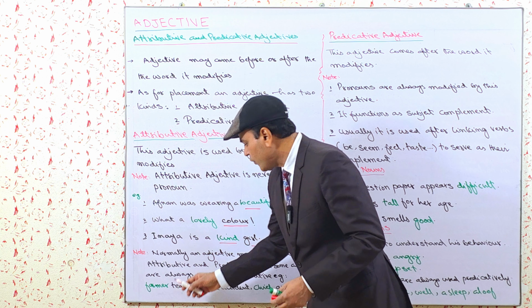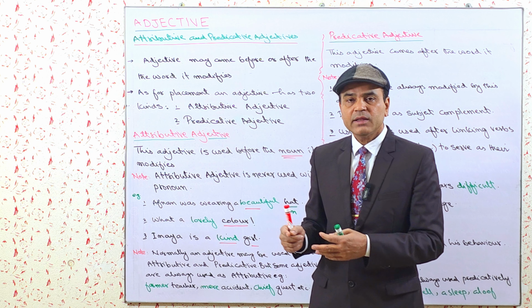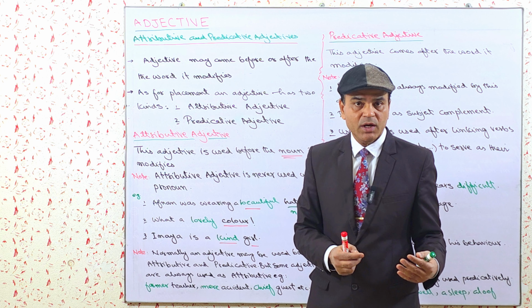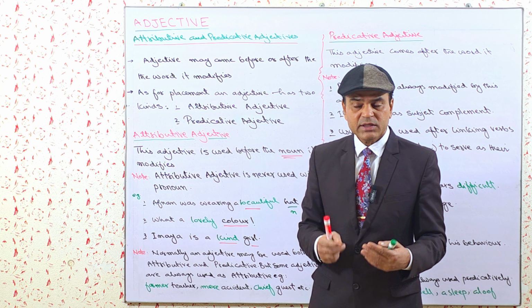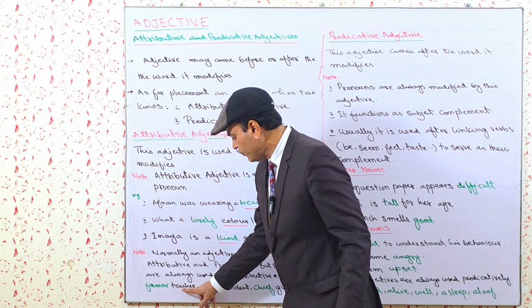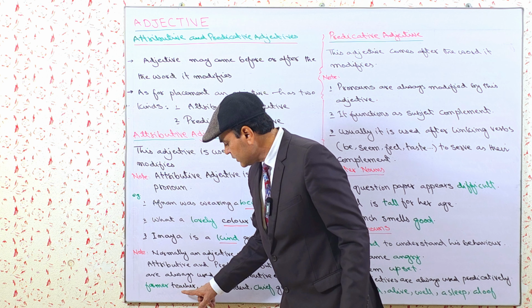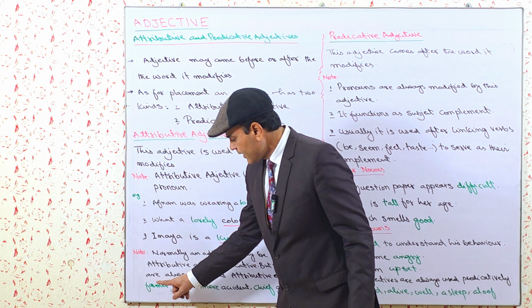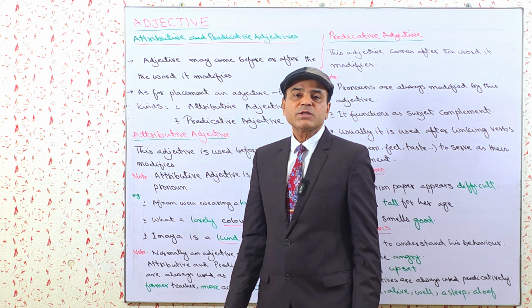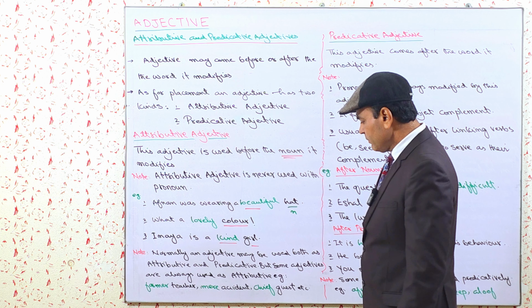Like I say, former teacher. I can't say the teacher is former, because this adjective in English is always used before the noun. So former here is an attributive adjective qualifying the word teacher, and the word former is never used predicatively.